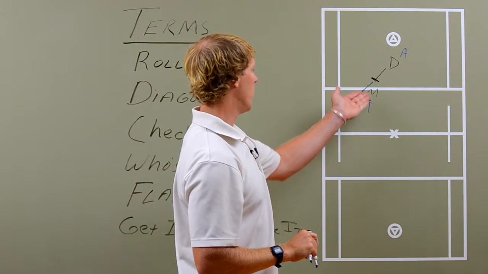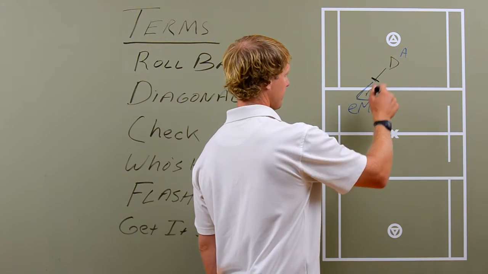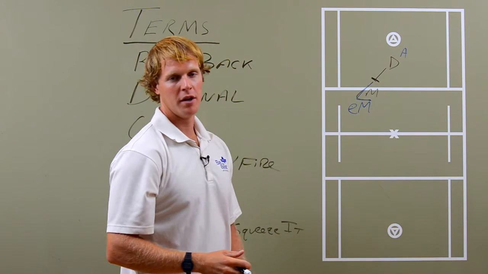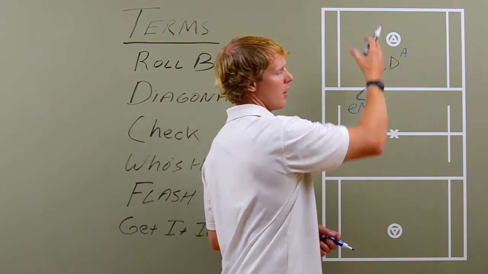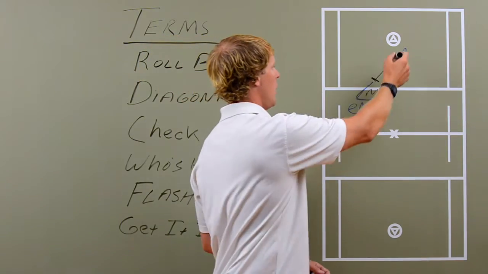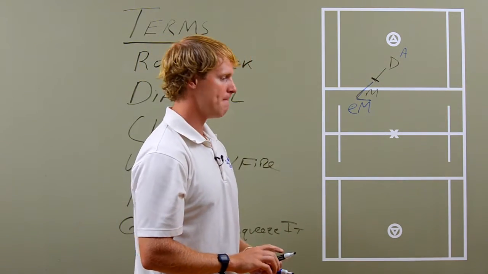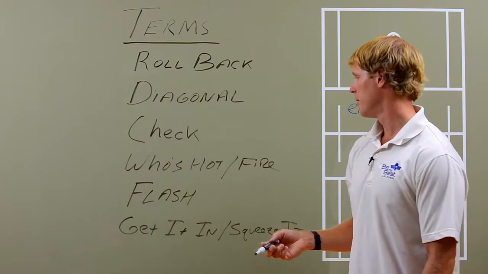So now he'd be responsible for guarding that midi. And then based on what type of defensive schemes you have going on, this particular attackman will get guarded by somebody else. So there'll be a rotational aspect after the hot guy slid. So that's what we're talking about when we're saying who's hot, who's the first slide.